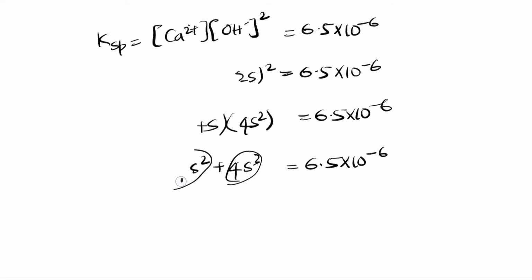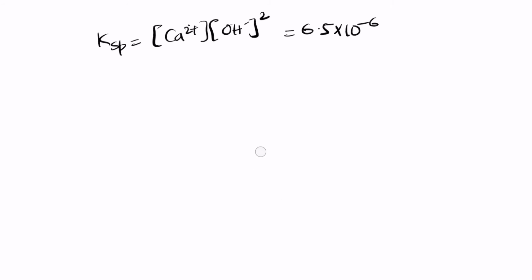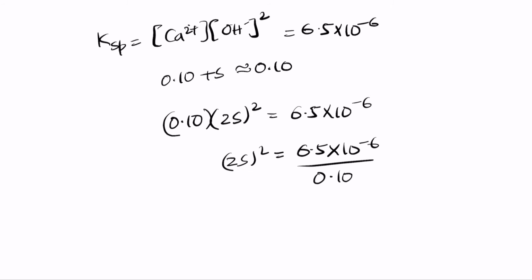So this becomes complex, so let's try something simpler. Because we know the solubility is really small, we can consider that 0.10 plus S is nearly equal to 0.10. So from this we can write that 0.10 times (2S) squared becomes 6.5 times 10 to the power negative 6, so 4S squared becomes 6.5 times 10 to the power negative 6 over 0.10.